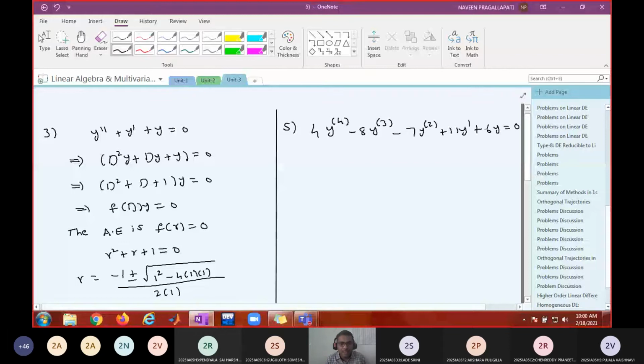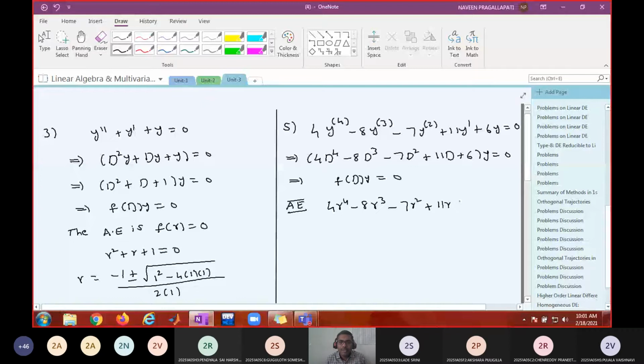Can you tell me the characteristic roots? I know there will be 4 roots. Please find out those roots.